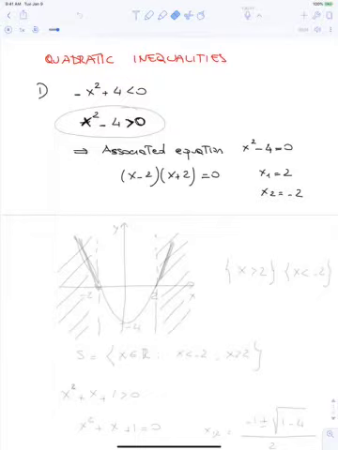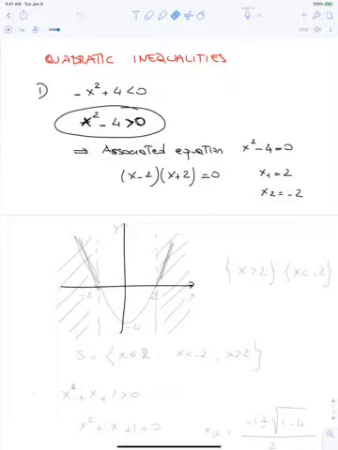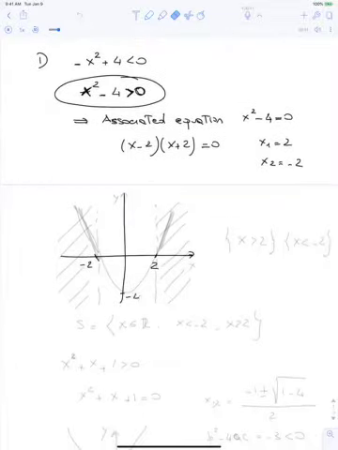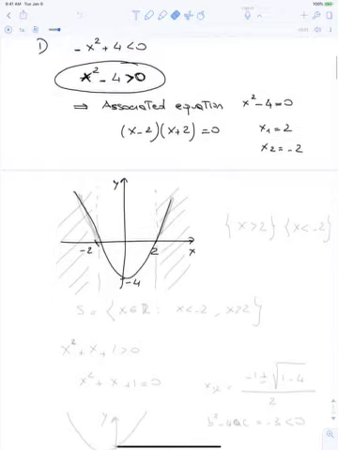corresponding equality. So now, this one here is a parabola, and we know that the intersections with the x-axis are in minus 2 and in 2. Well, in this case, we also know that it's going to intersect the y-axis in minus 4. So this is a parabola that looks like this.